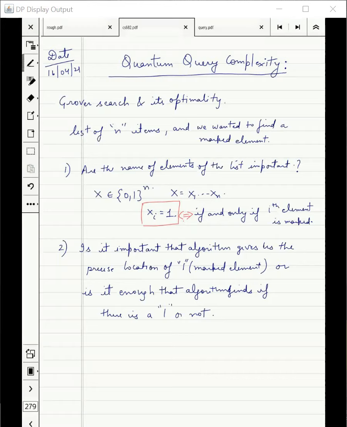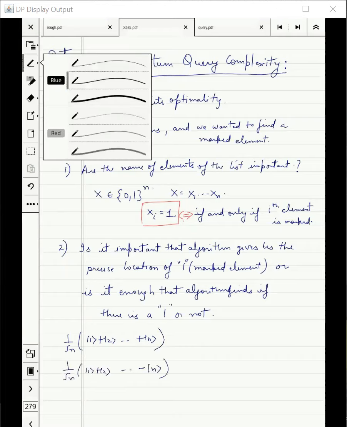But how do you figure out whether the state has changed? If the state is very, very close to the unmarked state and you just put a phase, that is not correct actually. So let's say this state, and this state. Notice that the last amplitude is changed.